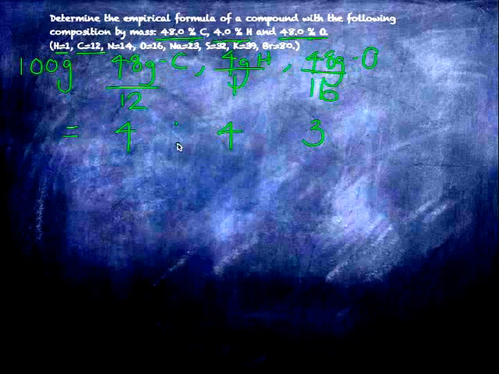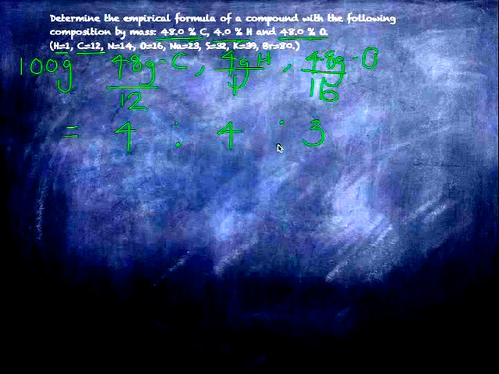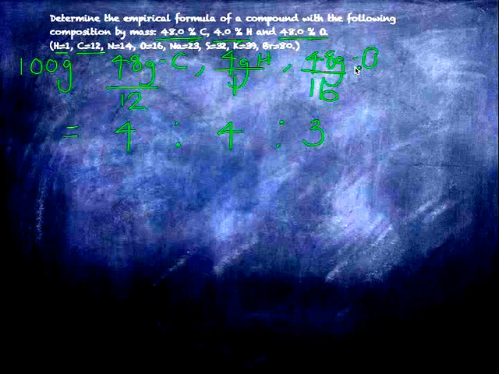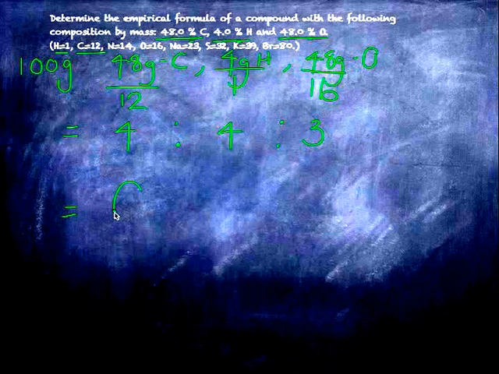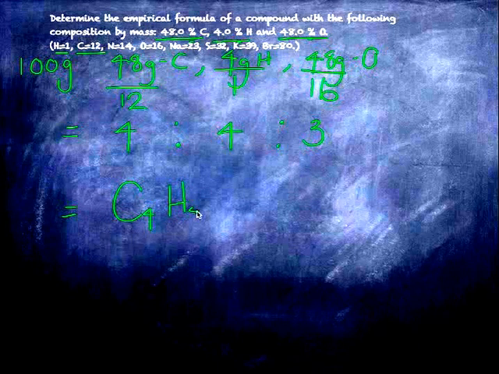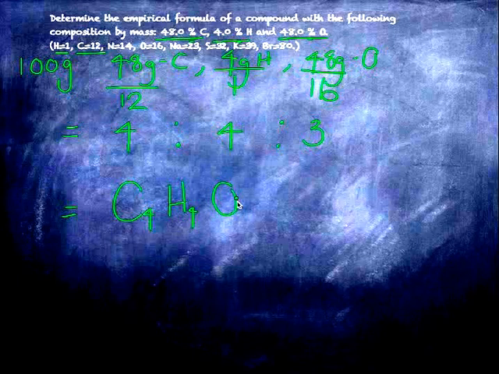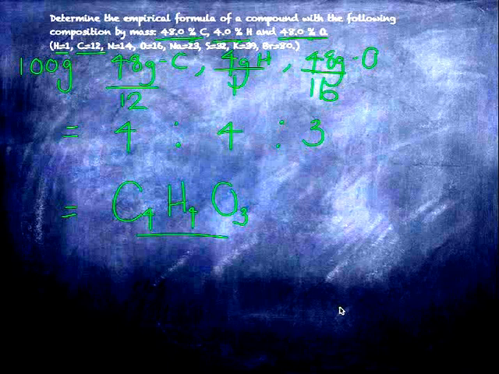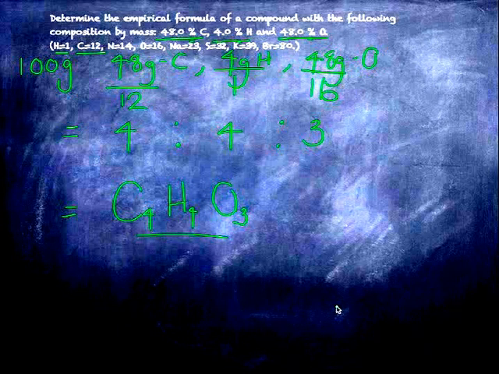So we have a ratio of 4 to 4 to 3 of the carbon, the hydrogen, and the oxygen. So our empirical formula will be C4H4O3, and it's as simple as that. So that's the first example. Let's take a look at another one.